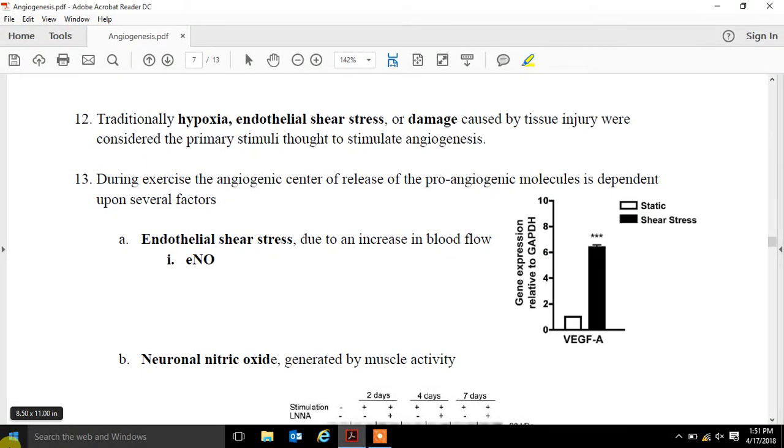And there's still common literature today that uses things like hypoxia and damage to initiate angiogenesis and study it. For a long time, yeah.